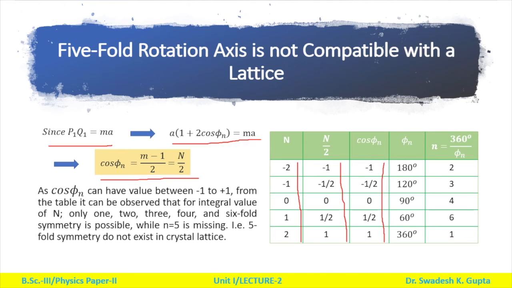If we put the value of cos phi, then we will get the value of phi, and then if we calculate the value of n as 360 by phi, we can see there is 2, 3, 4, 6, 1, but there is no 5. So it means the 5-fold crystal symmetry does not exist.